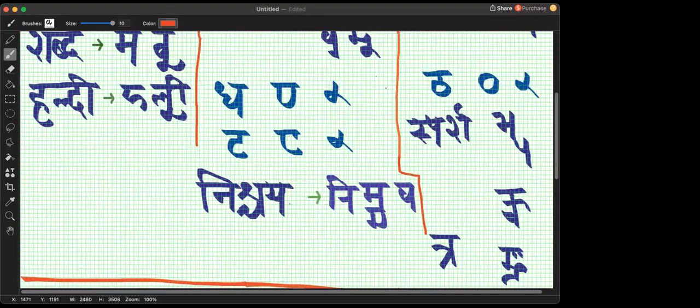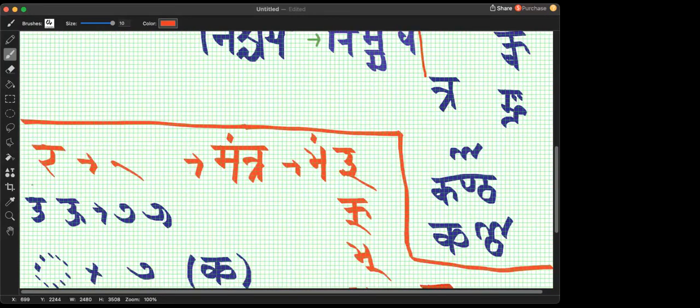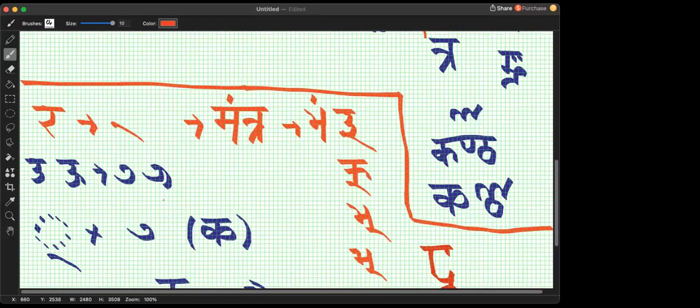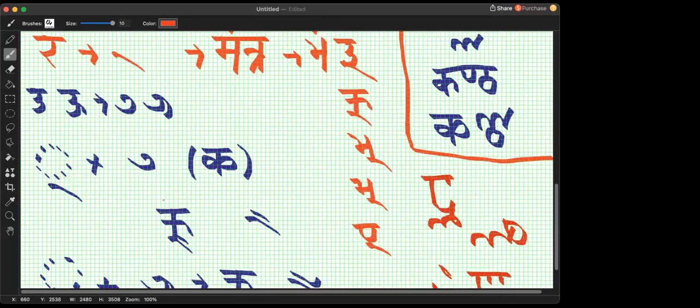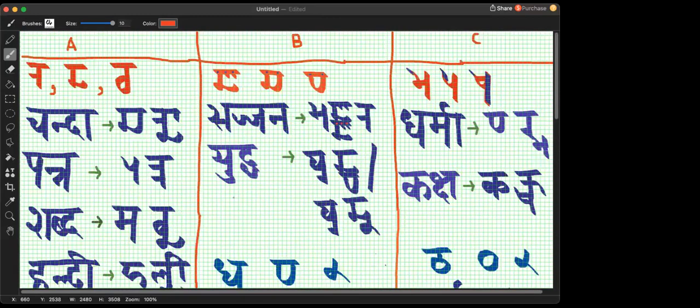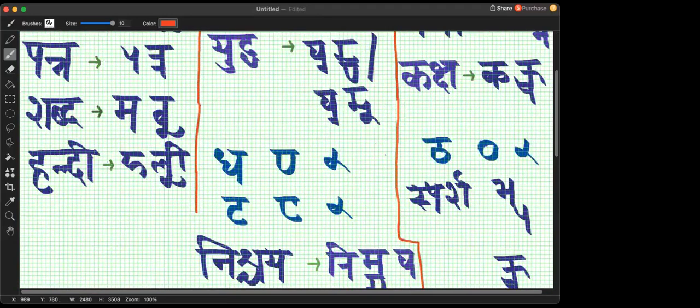Then we learned how to write r as a conjunct at the bottom, and the special rule for when you're adding u and u to r. So these are the conjuncts that we learned today. I will share a lot of words with you for practice. I request you all to practice. And yeah. So I think that's all I have for today.